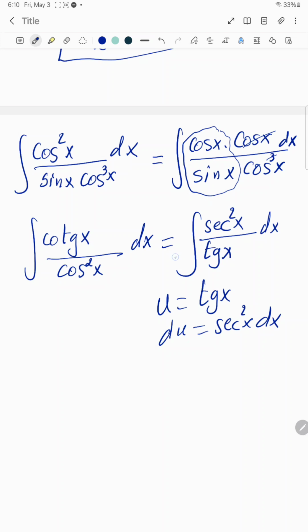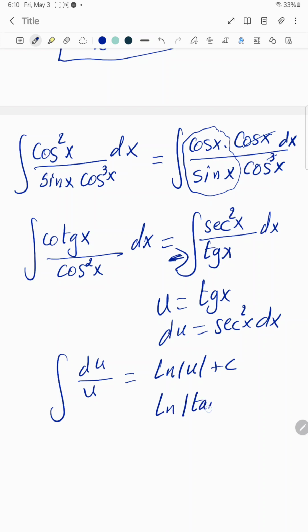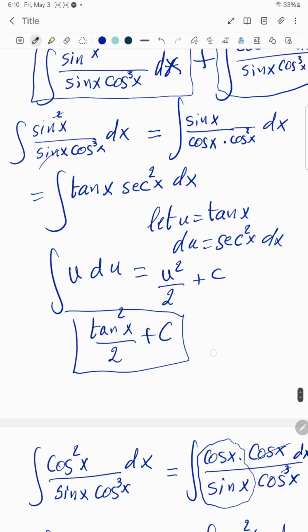So this integral here becomes du over u, which is equal to ln of u, it's a formula, plus c, and then it becomes ln of tan x plus c.